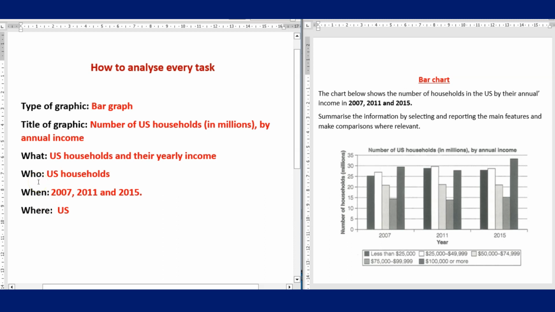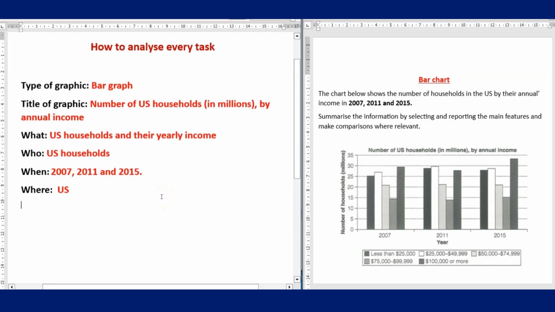And also we know it's basically 2007, 2011, 2015. These are the 3 years that are being compared, and it's compared in the US. Okay, so we have all these, and it has given us a fair idea of what the whole graph is about.